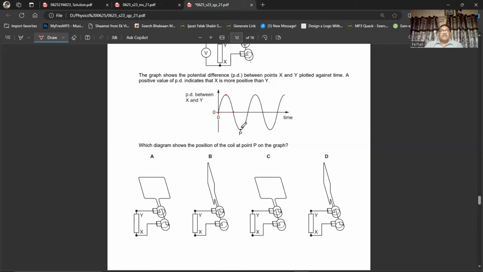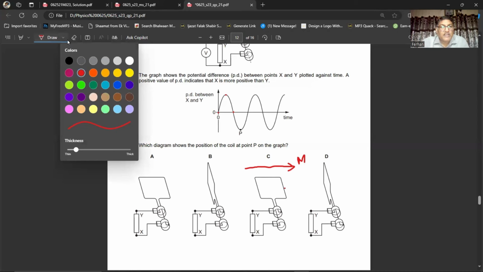X will be more negative than Y. Now, if I apply the right-hand rule for the AC generator, looking at diagram C, the magnetic field is going in this direction. This is the direction of the magnetic field.